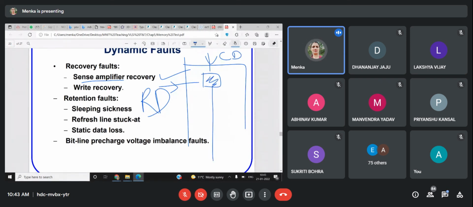So every memory cell's output will go to the sense amplifiers, SA, and then the write recovery. So if something is written, then that will be read out through the sense amplifiers.